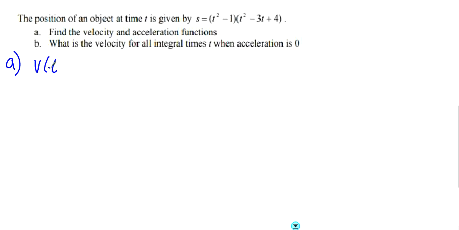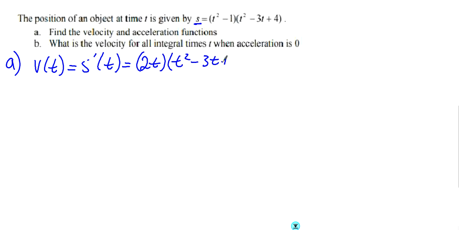So v of t is the derivative of our position equation, s prime of t. We've got to do the product rule here. The derivative of the first is 2t times the second, which is t squared minus 3t plus 4, plus t squared minus 1 times the derivative of the second, which is 2t minus 3.